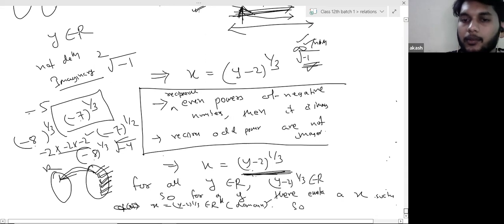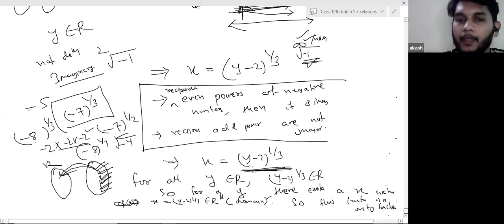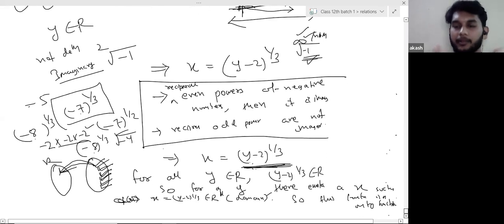All right. So this function is an onto function. Is this thing clear or not?